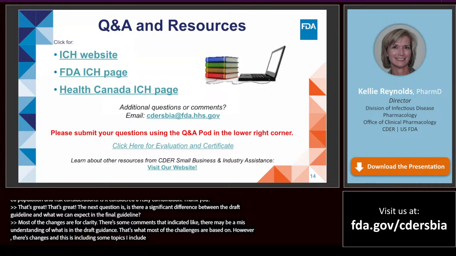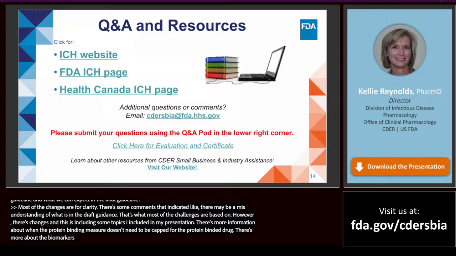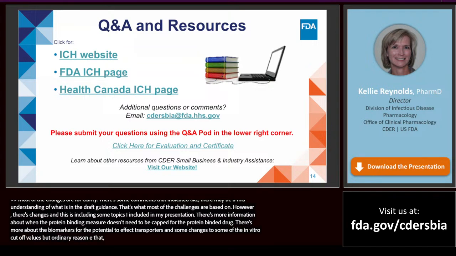There's more information about when the protein binding measure doesn't need to be capped for a highly protein bound drug. There's more information about the use of endogenous biomarkers to determine the potential for a drug to affect transporters. And there are also some changes to some of the in vitro cutoff values. But other than that, it's mostly clarity related changes.